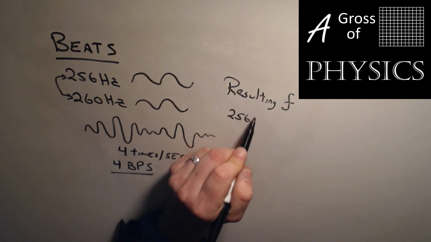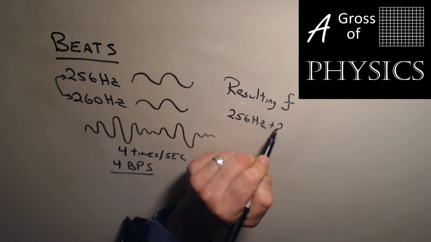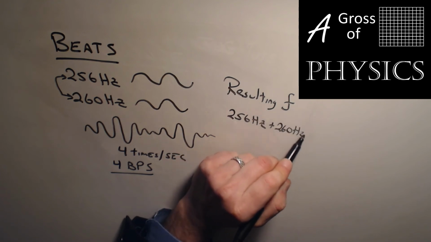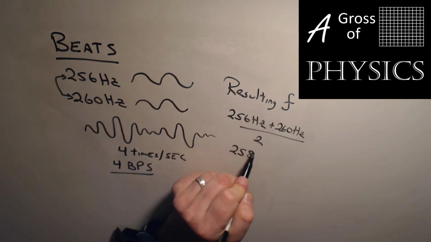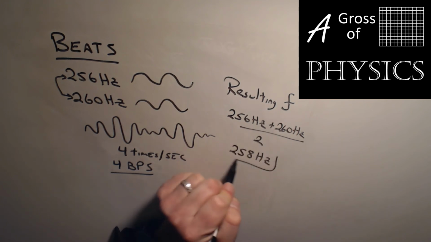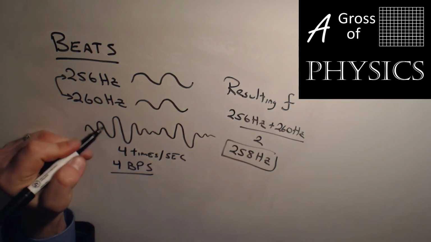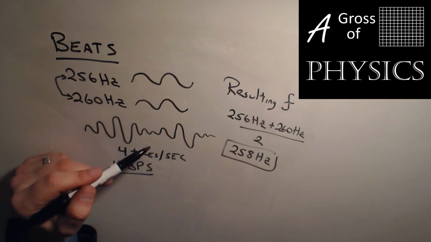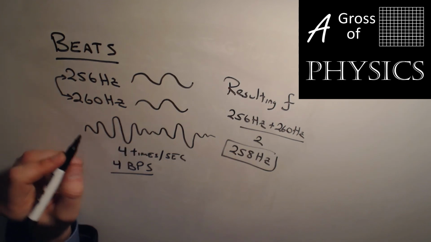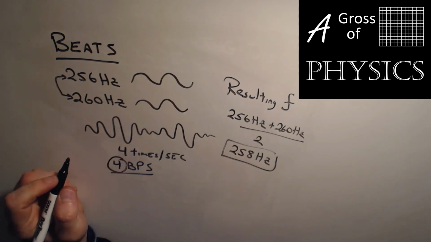So 256 hertz plus 260 hertz over 2, and that would be 258 hertz. The sound that's produced is a warble, and that alternating loud and soft note is that 4 beats per second.